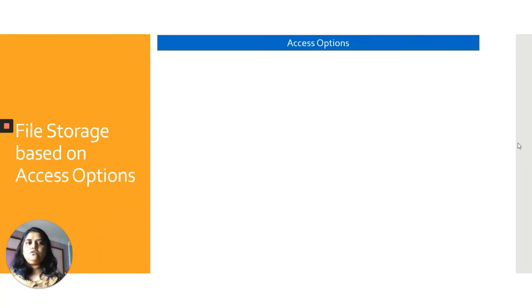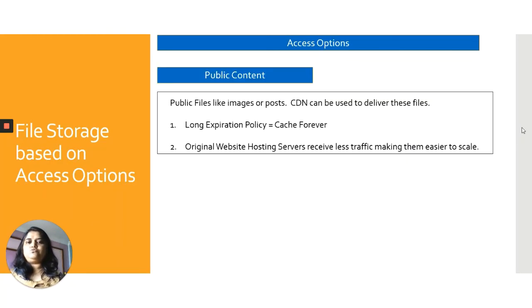So that brings us to our access options. That is, how can we distinguish the content into public and private, and what options do we have for each type of content? For public content, we have files like images or posts, which can be made public. They are not something where we need to restrict access. So if these files are public, we can use the CDN to deliver them.